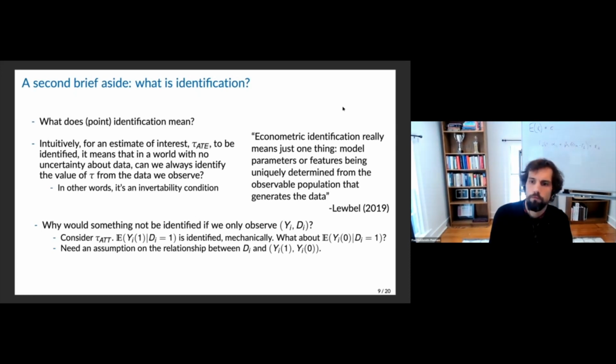Well, how do we know the expectation of yi0 conditional on di equals 1? More generally, to be able to estimate that, we need an assumption about the relationship between di and yi0 and yi1.